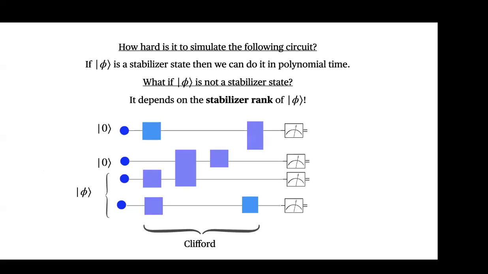Okay, so then the question is: how hard is it to simulate a Clifford operation if I start with some arbitrary quantum state phi, along with a number of stabilizer states, such as zeros? The answer is that it depends on the stabilizer rank of phi, in the sense that I'm going to describe in the next slide.